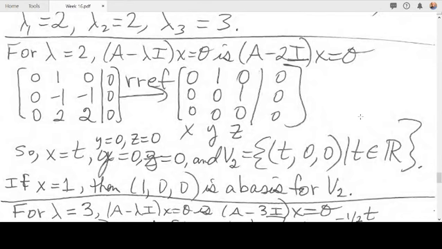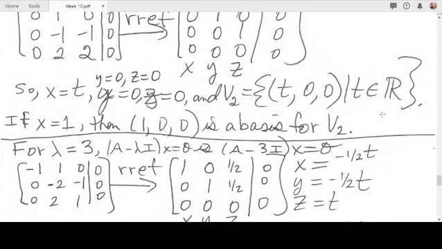So the first variable x is the free parameter, call it t. We note that y is 0 and z is 0. And so the solution set for V2 consists of ordered triples t, 0, 0. So if we choose t, or x, to be 1, then the vector 1, 0, 0 is a basis for V2. Notice that it's one-dimensional.